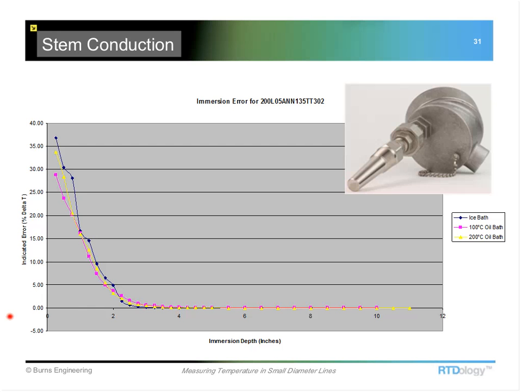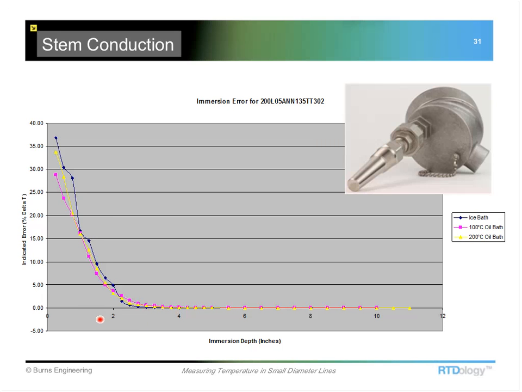Now this graph shows the immersion length of the sensor here. For this test, it was done at 3 different temperatures: an ice bath, 100 degrees C, and a 200 degrees C bath. And you can see there's really not much difference between any of those temperatures. So it's fairly independent of the actual temperature of what you're trying to measure.